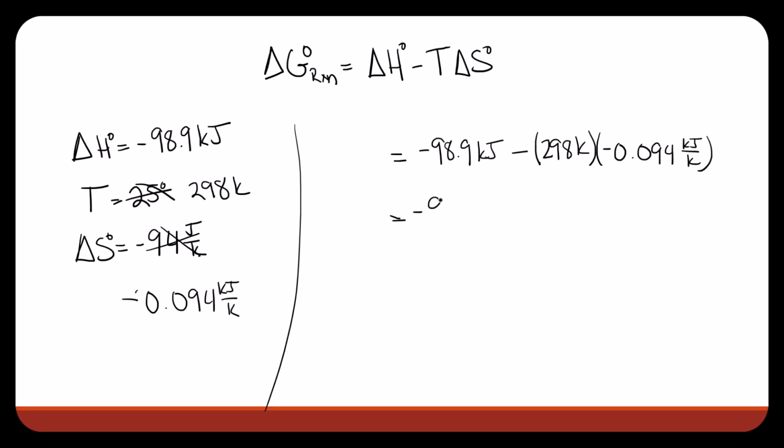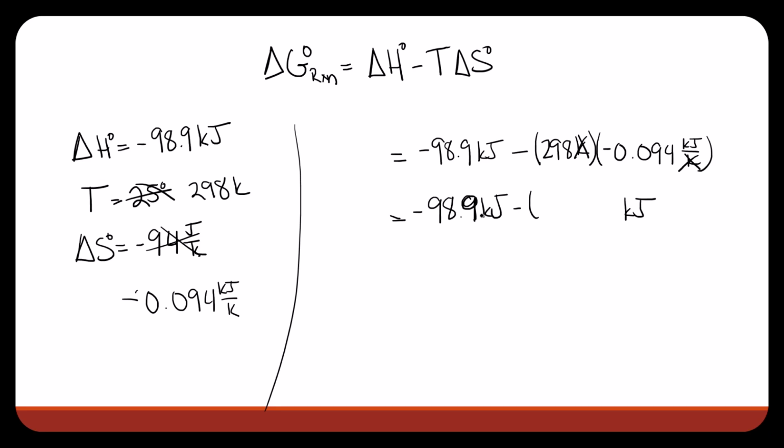Cleaning this up, so I'm just going to bring this down. We're at 298 Kelvin times 0.094. Kelvin on top, Kelvin on bottom. Those cancel. And we're left with just kilojoules, which is good because we're subtracting that from kilojoules.